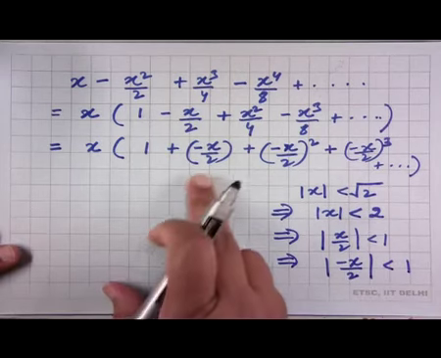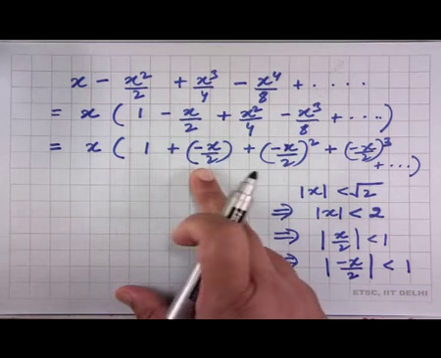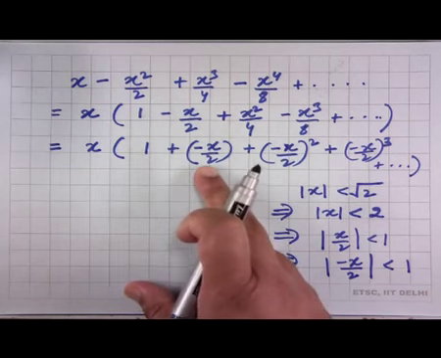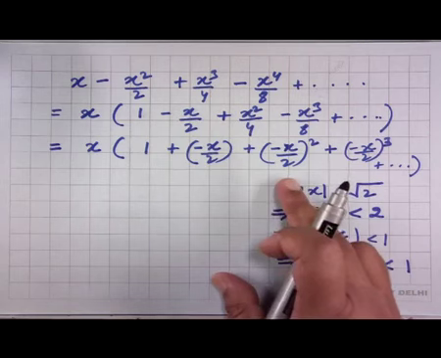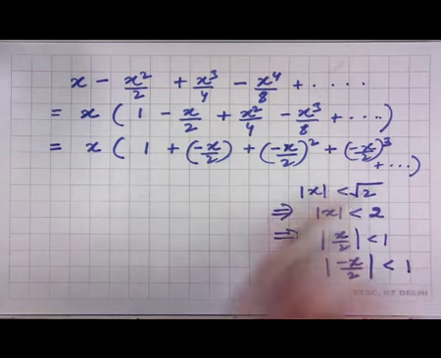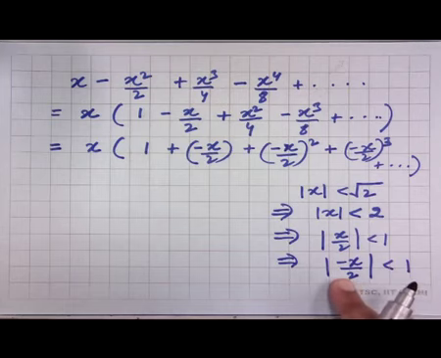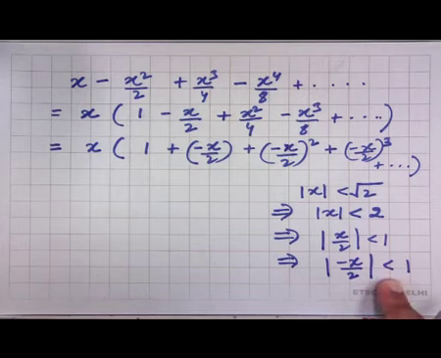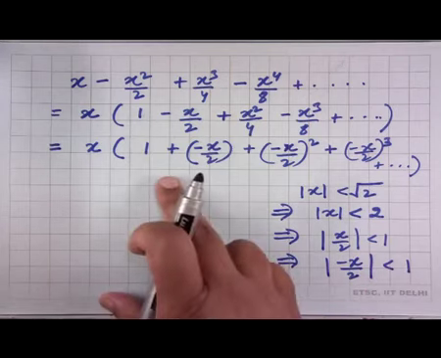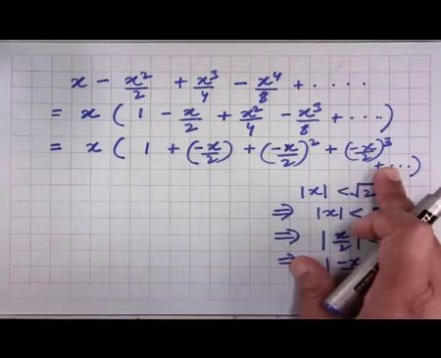So, we see that the ratio between this term and the next term, and also between this term and its next term, is minus x over 2, and from here we know that minus x over 2 has an absolute value which is less than 1. So, we can conclude that this series is going to converge.